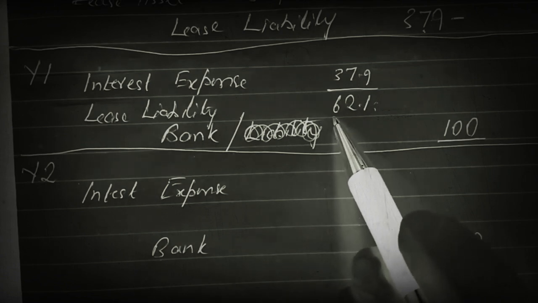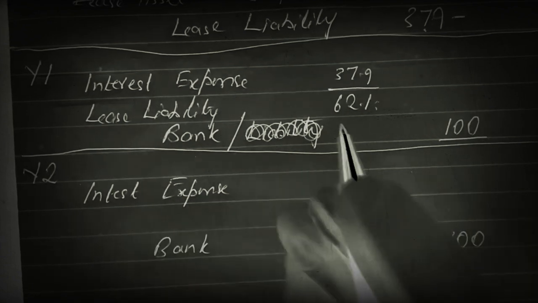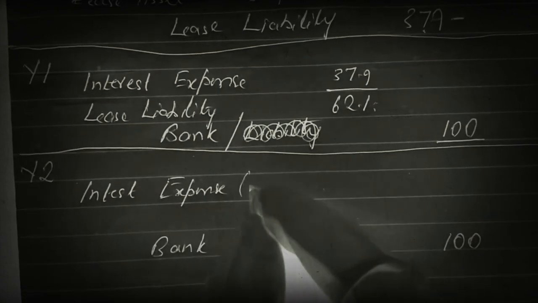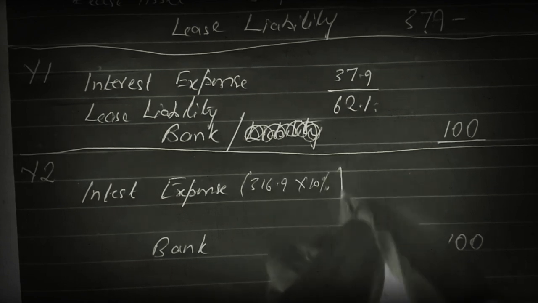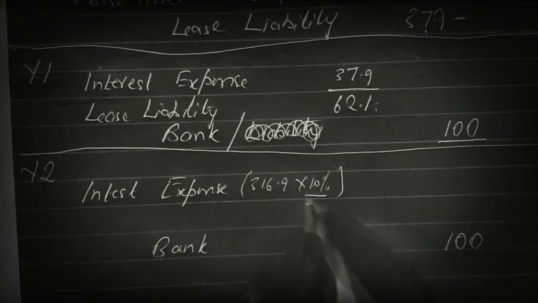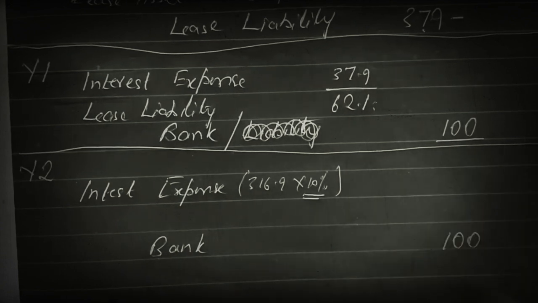So the net balance at the end of year 1 was $316.9. So interest expense would be $316.9 multiplied by 10%, because this was our interest rate implicit in the lease. So this makes it 31.7.